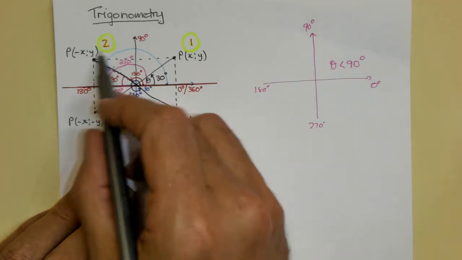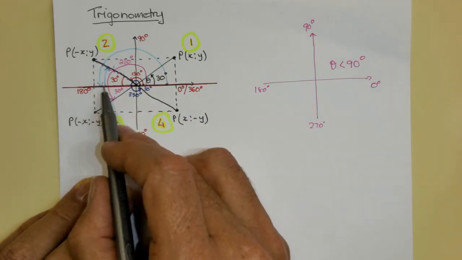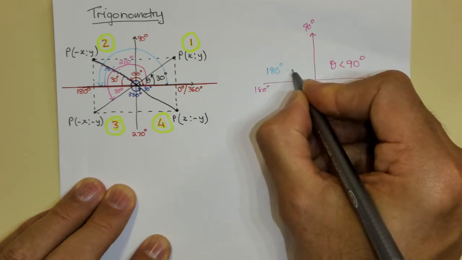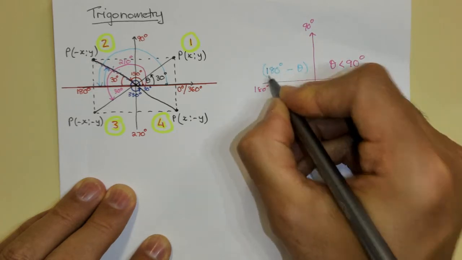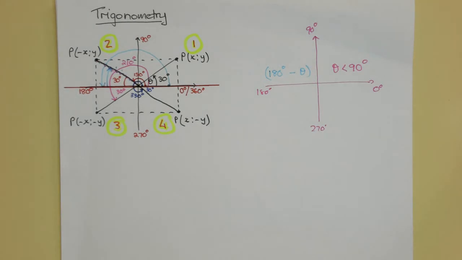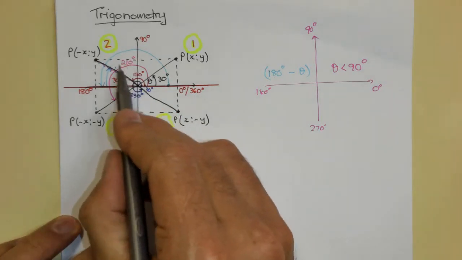So if I want to work in the second quadrant, I can go to the horizontal line and bounce back. I go to the horizontal and I bounce back however many degrees I was working with to get to the same terminal position. Now the same in my third quadrant. If I want to talk about my third quadrant, my angle was the pink angle, 210.